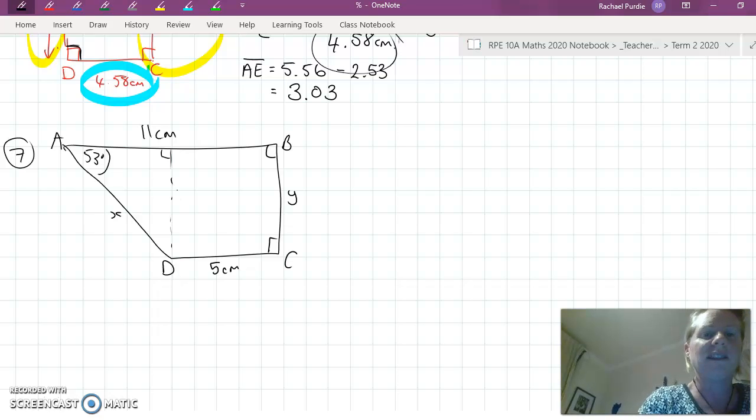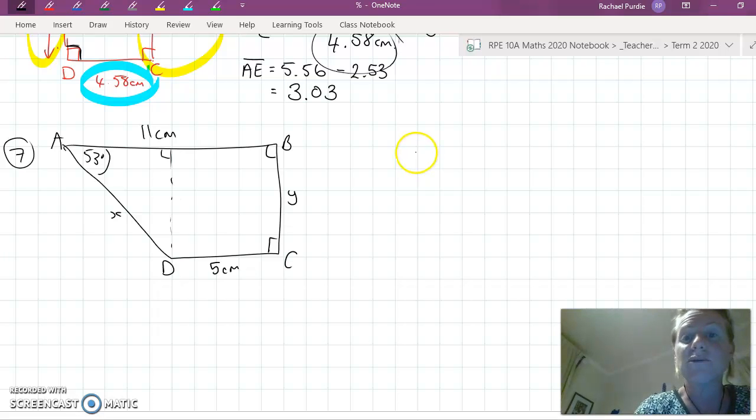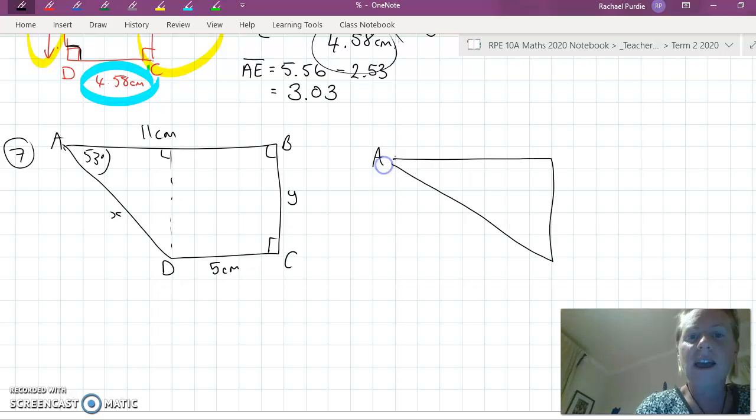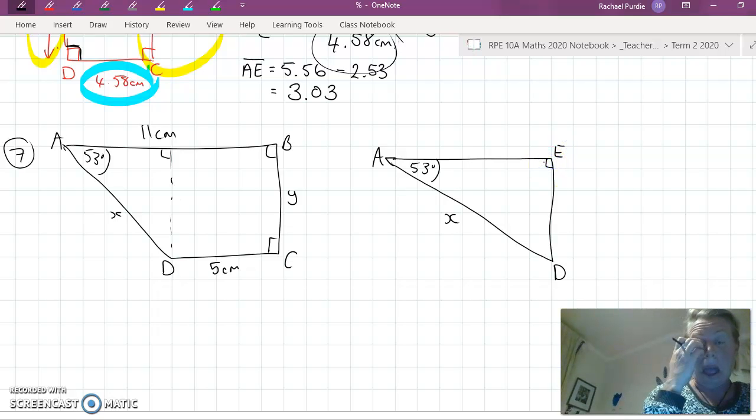You know an angle in there, so you're going to be able to use trigonometry. Okay, so let's redraw that triangle with A, D down here, X, our 53 degrees, and that corner there, which let's give a new name, let's call it angle E, okay?